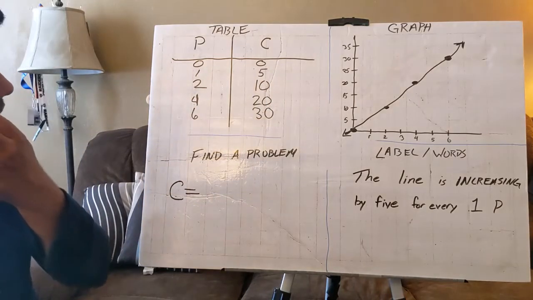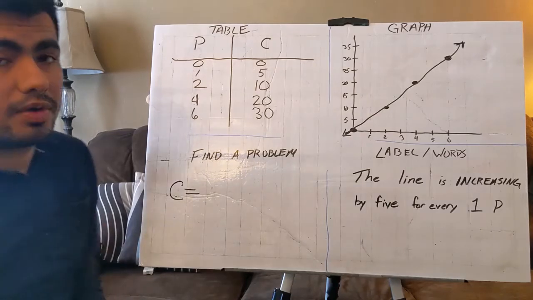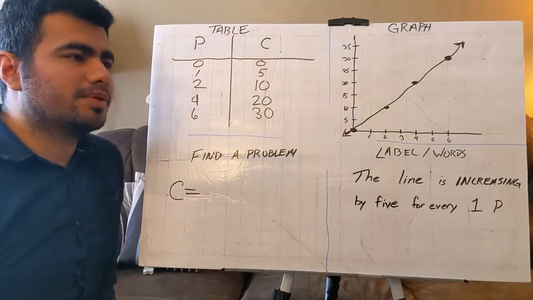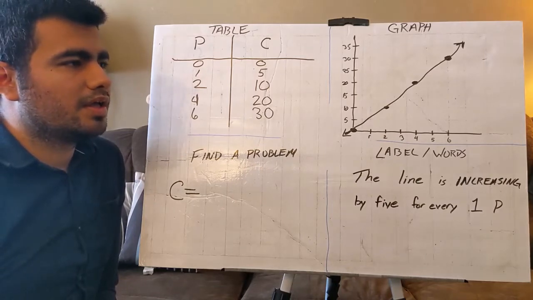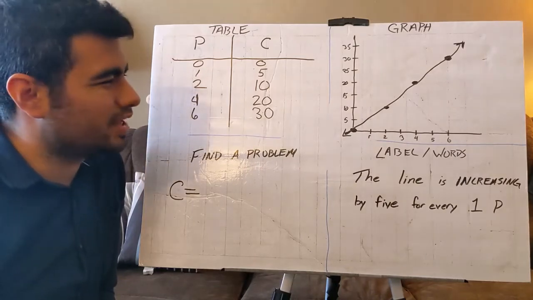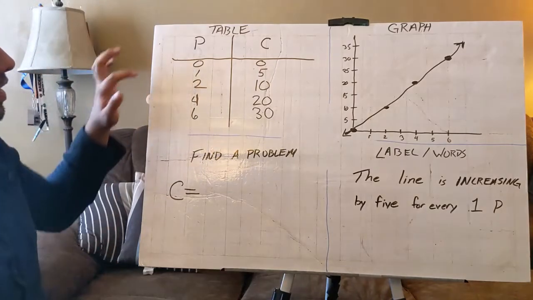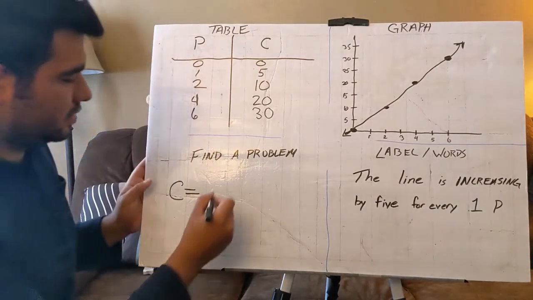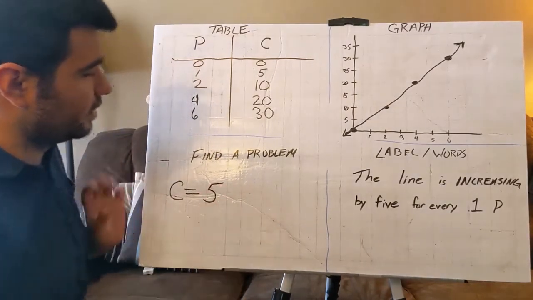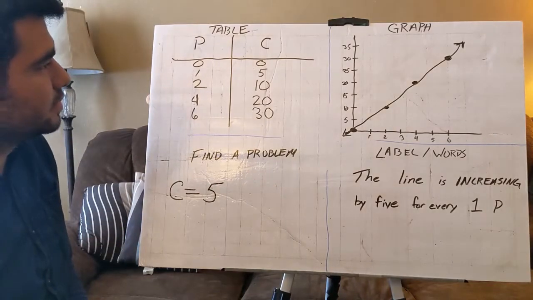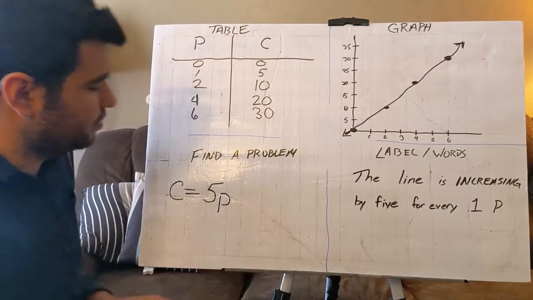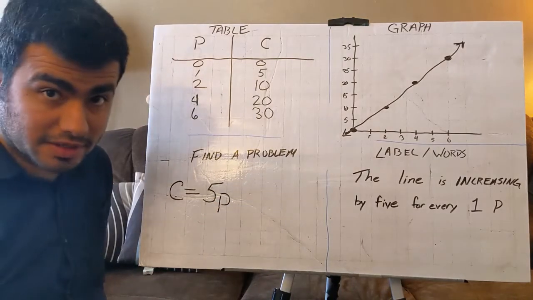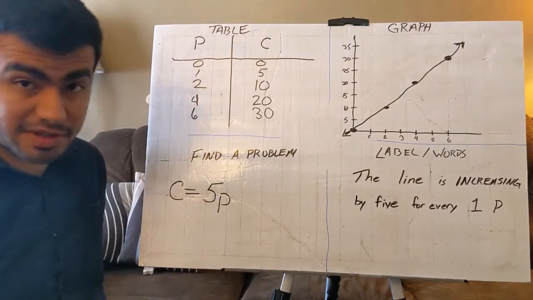Now how can I put that into a problem? Well, it's kind of like we're skip counting. If we're skip counting, then it's pretty much like we're just multiplying by 5. So I'm going to do 5, and it has to be times whatever we're getting. That would be P right here. Let's check our equation to make sure that it works.